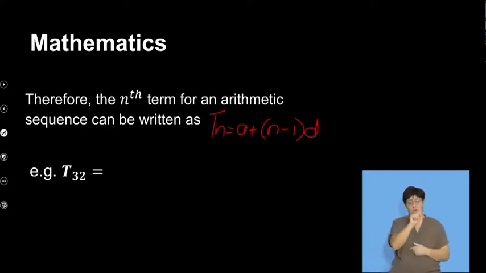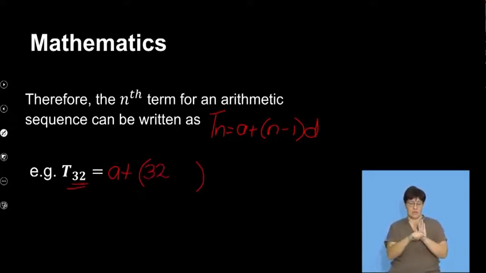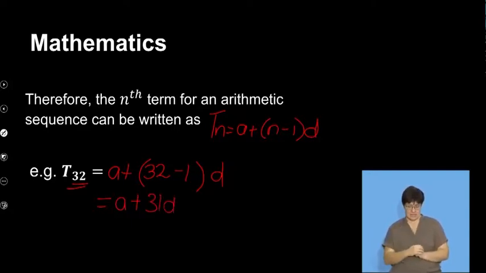So term 32 would be equal to A plus (n minus 1)d, and in this case, n is 32. So it's going to be 32 minus 1, d. So term 32 will be equal to A plus 31d. And this is going to help me because I can actually skip this step moving forward.